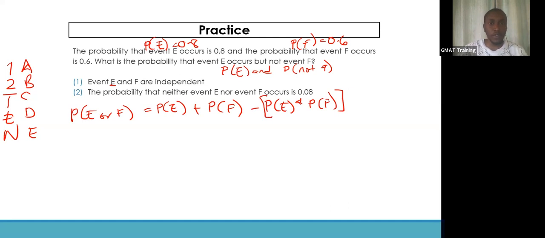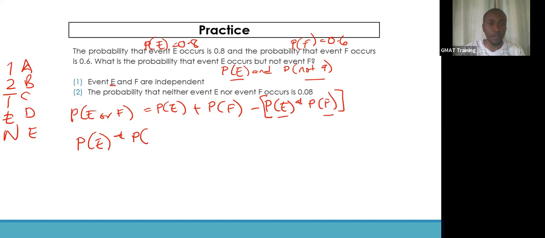We know that the probability of E is 0.8, and the probability of F is 0.6. What we need to find is the probability that E occurs but not F. So in this case, instead of the probability of E and F, we're asked about the probability of E and not F.